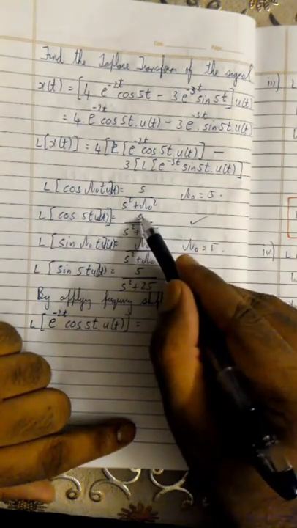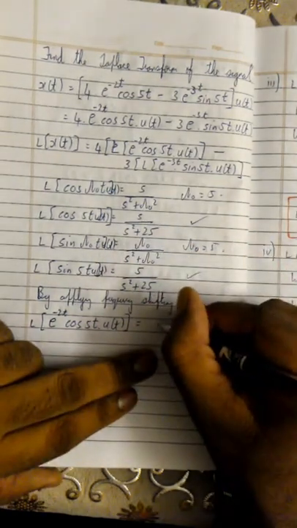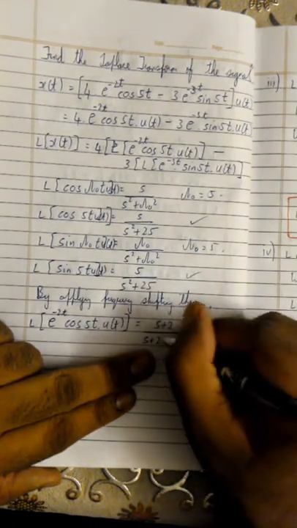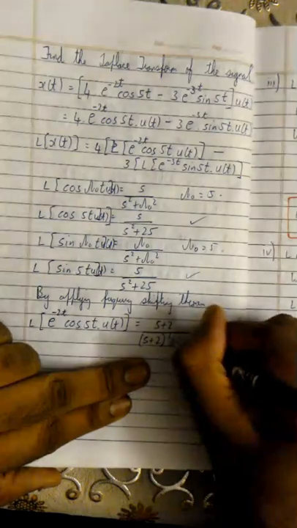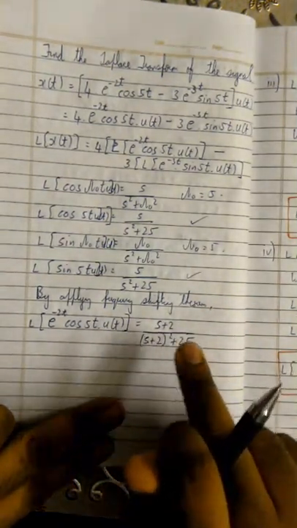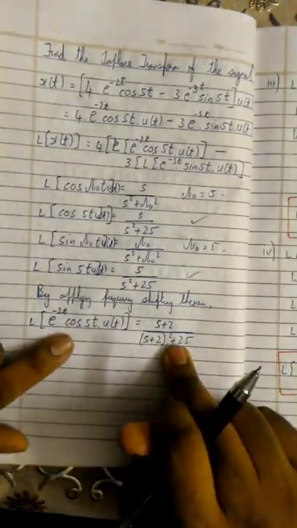So this will become s plus 2 by s plus 2 the whole square plus 25. This is the Laplace transform of the first term.